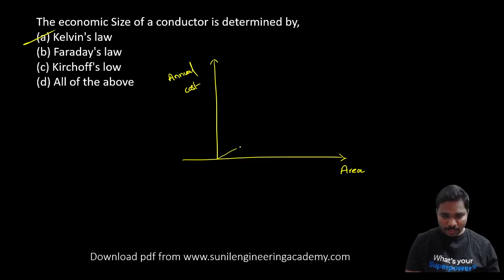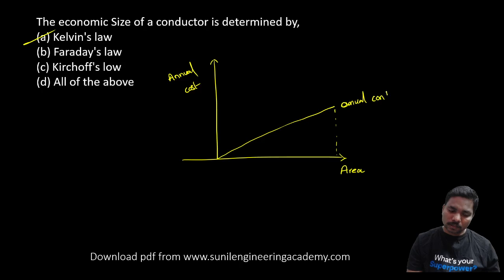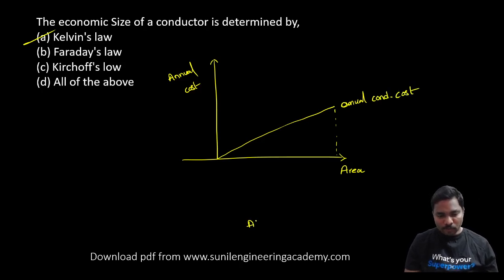So as the area is more, the annual conductor cost is more. But as the area is more, it can carry more current. Correct? It carries more current.